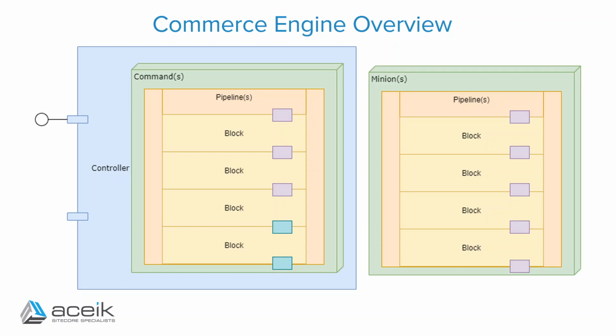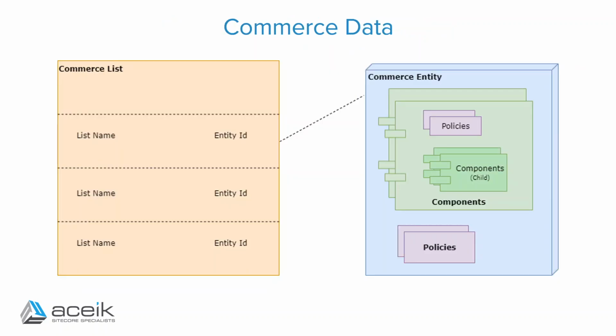So I thought it would be easier. Just a bit of overview of how the data is stored in commerce. All the data is actually stored in a POCO form. So it's actually a JSON blob, serialized and stored in a SQL table.